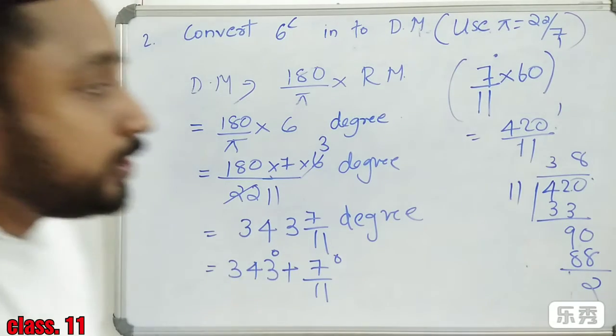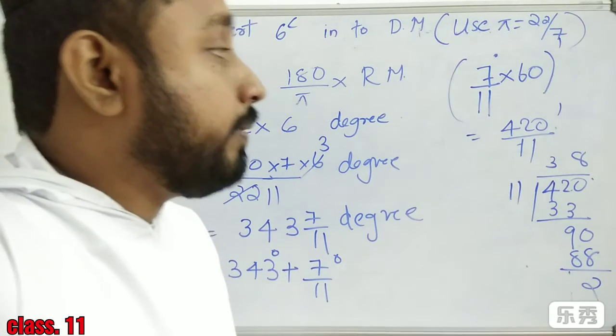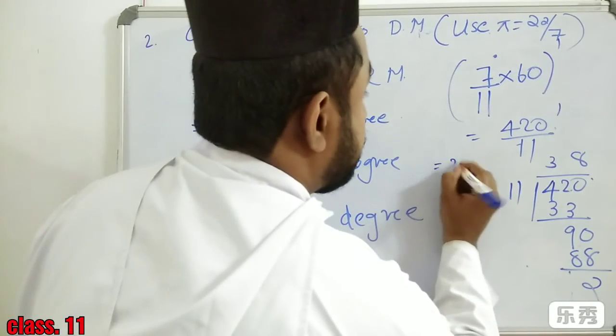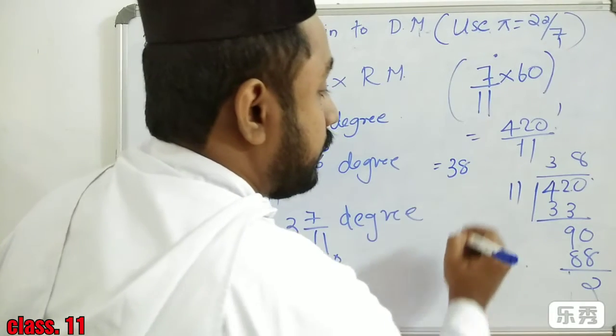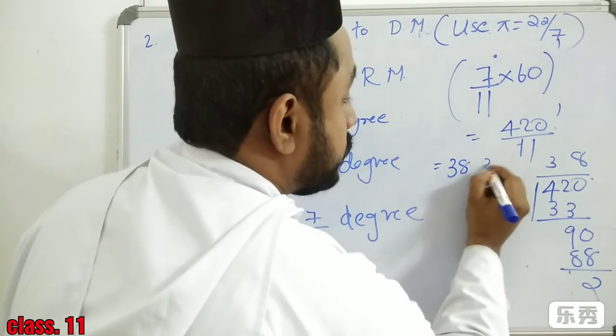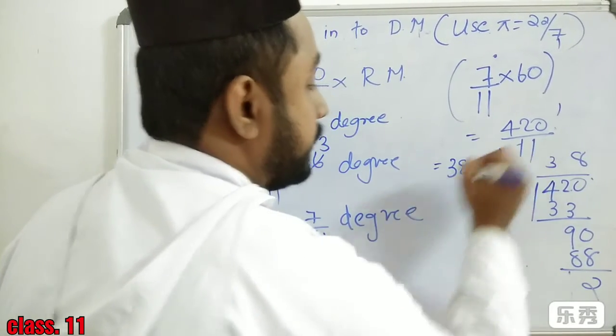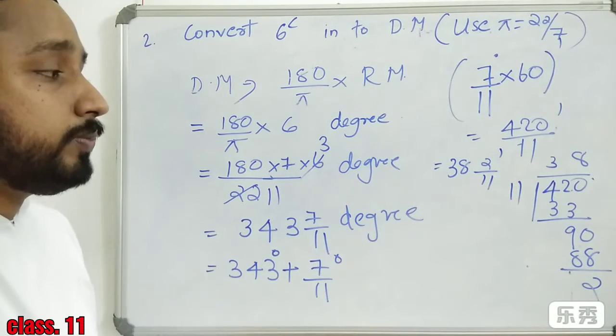So 420 by 11 minutes means 38 and 2 by 11 minutes.